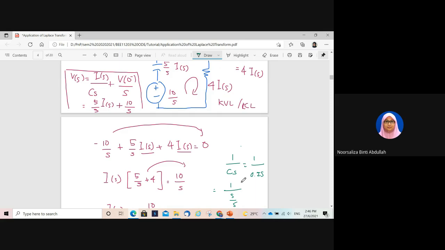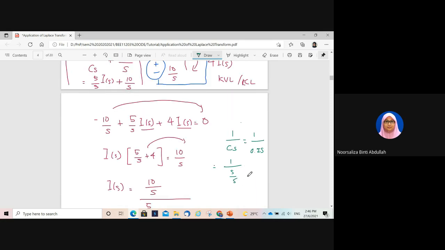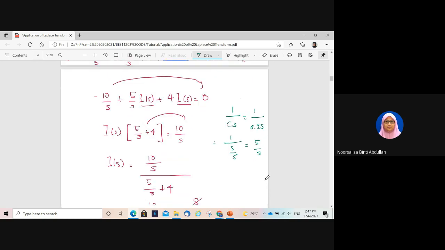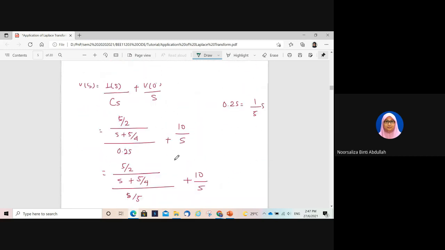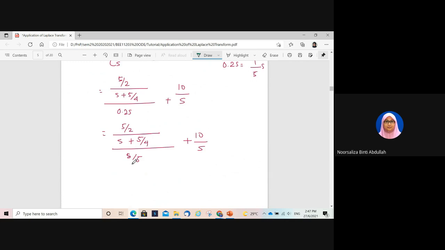So, kalau you simplify this one, dia adalah sama dengan 5 over S. Right. Betul tak? Betul. Okay. So, yang ini adalah S over 5.